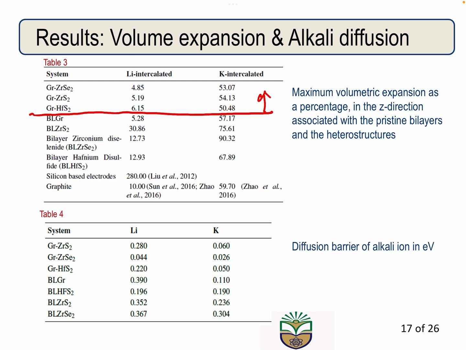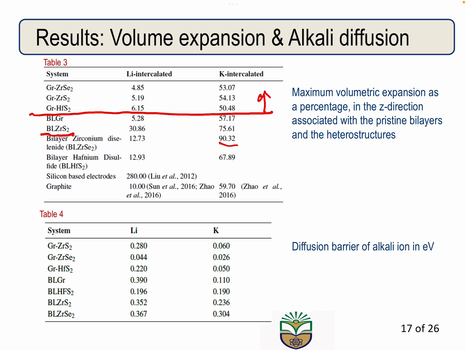The bilayer of zirconium disulfide had the largest volume expansion in the case of lithium intercalation, and the bilayer zirconium diselenide had the largest expansion for the potassium intercalated system.